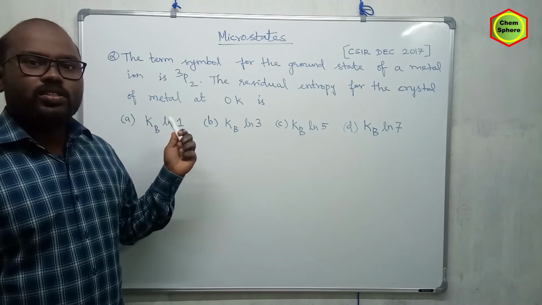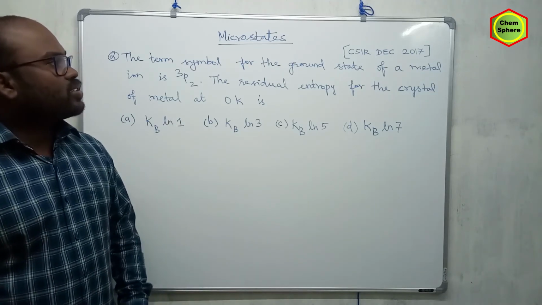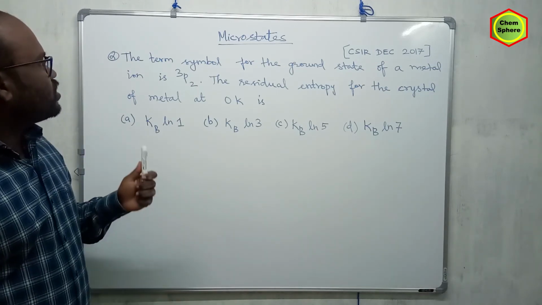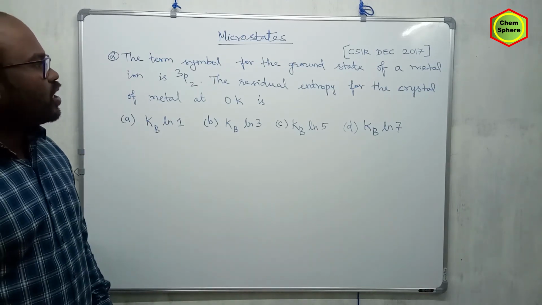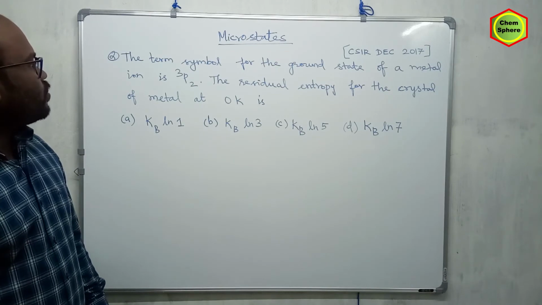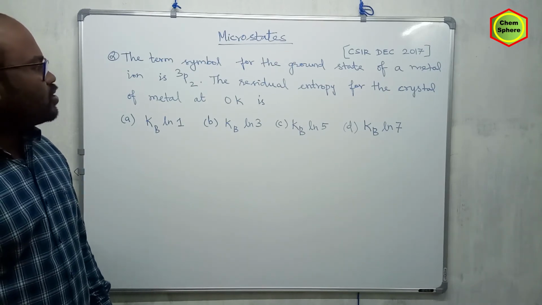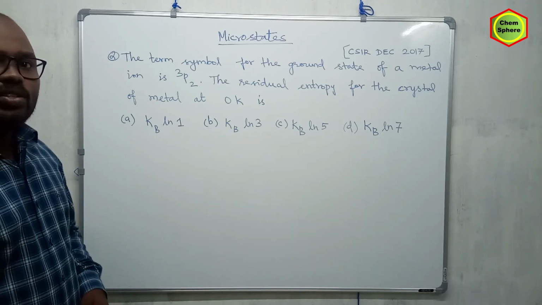This particular question was asked in CSIR December 2017. This is a little bit different question. You can see the term symbol for the ground state of a metal ion is triplet P2. The residual entropy for the crystal of the metal at 0 Kelvin is. What is residual entropy?